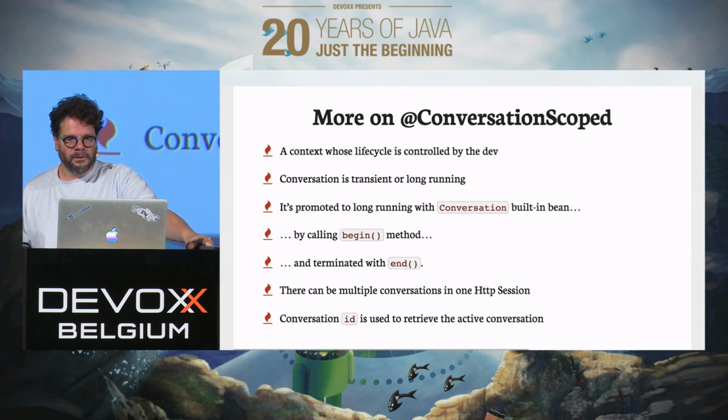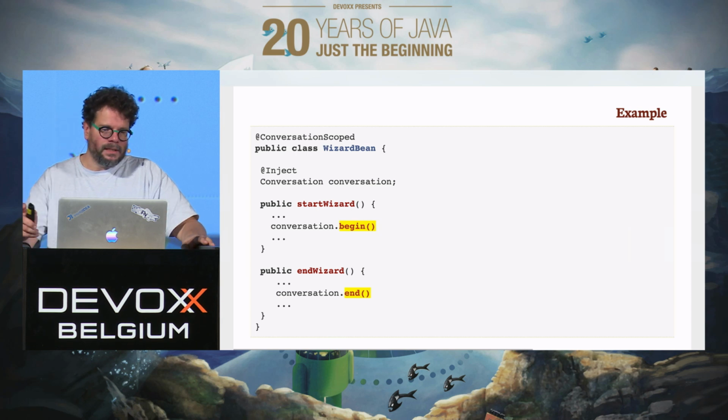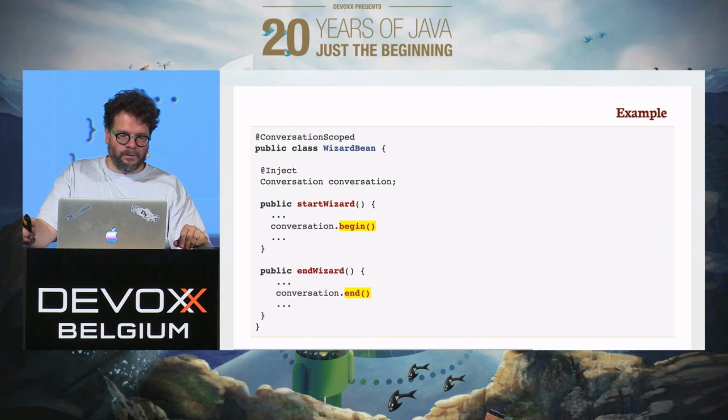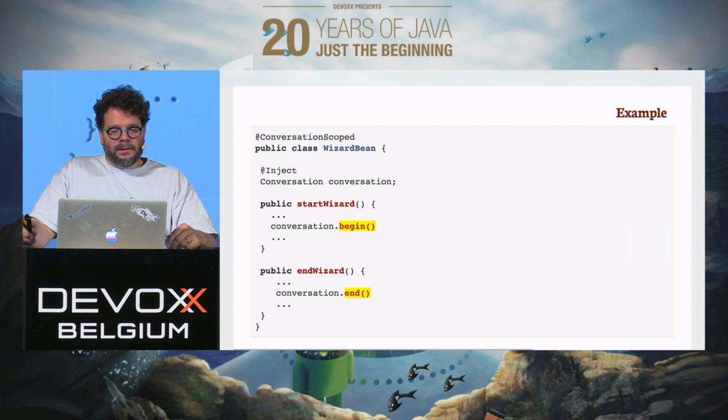So, as an example, if we create a wizard bean, we can put it in the conversation context with the @ConversationScoped annotation. In this bean, we inject the conversation built-in bean to manage the conversation.